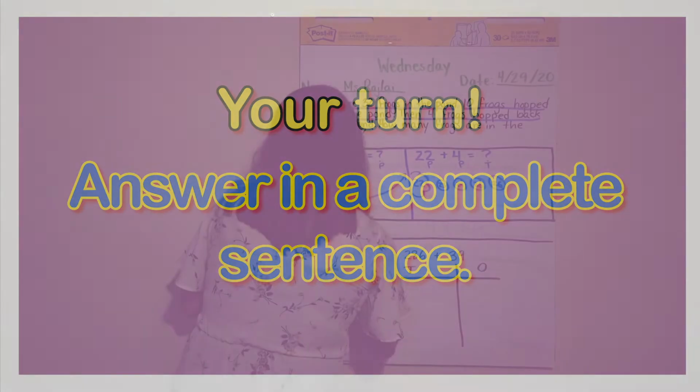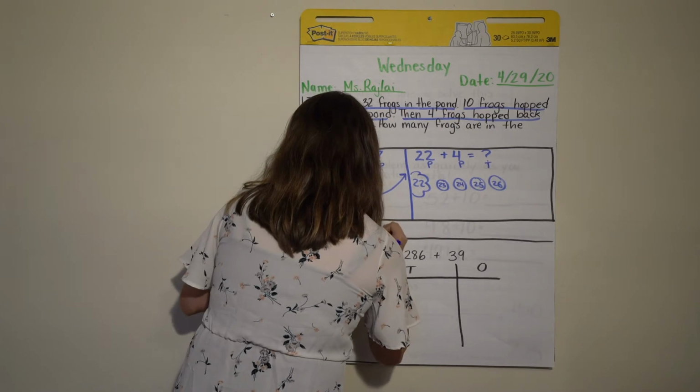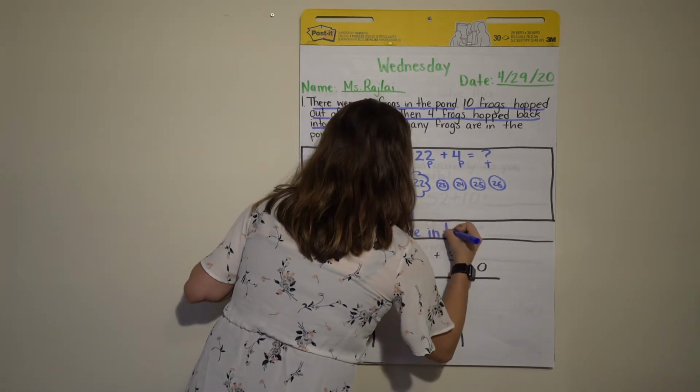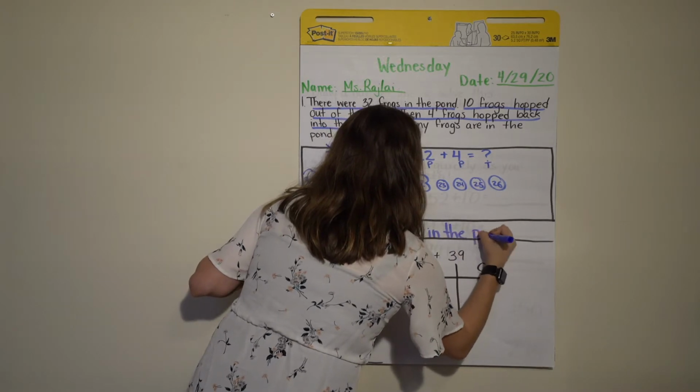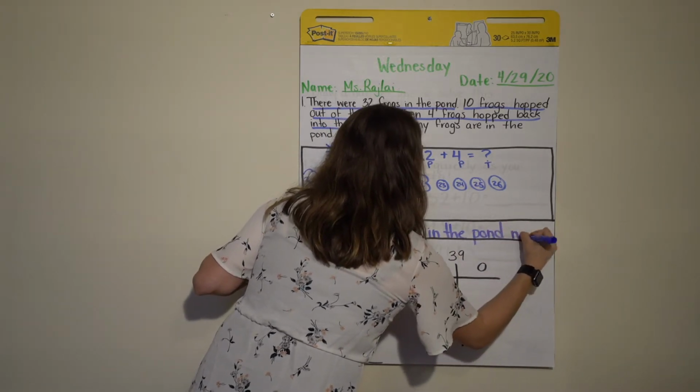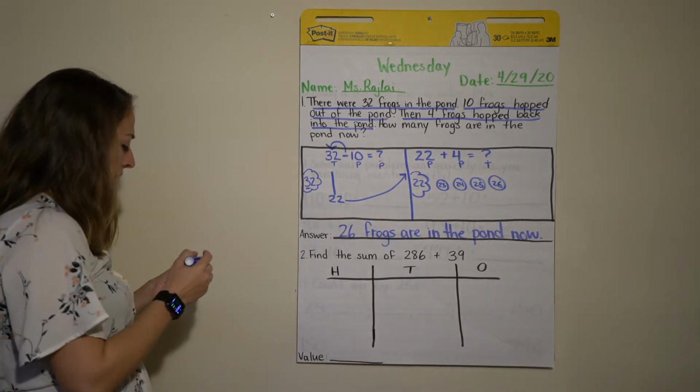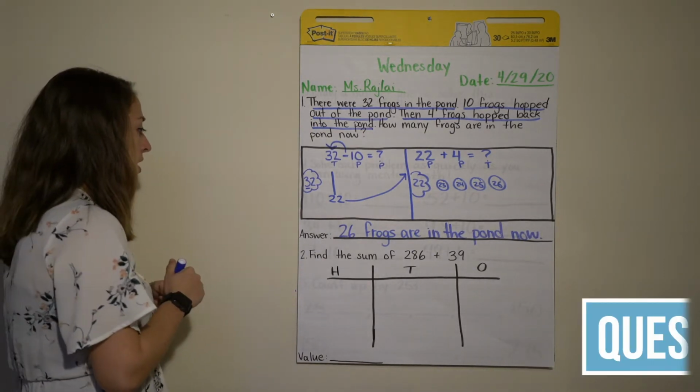All right, 26 frogs are in the pond now. Okay. Now let's go on to question number 2.